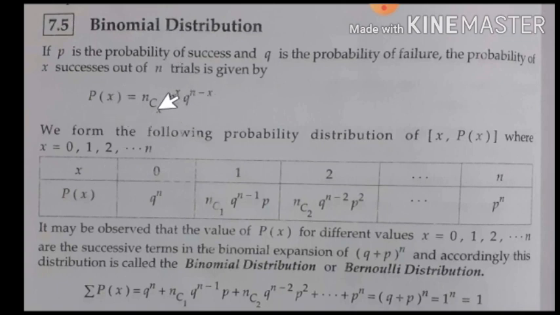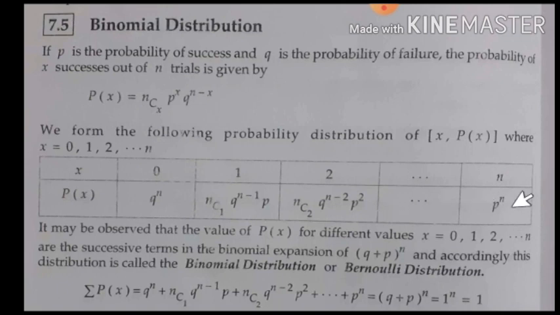When I substitute x as 0, nC0 value is 1, p to the power of 0 value is 1, so x is 0 means what you will get? Only q to the power of n. In the same way, substitute x is equal to 1 in this formula: nC1, p to the power of 1, q to the power of n minus 1. So that answer is written here. In the same way, put x is equal to 2 in this probability function.